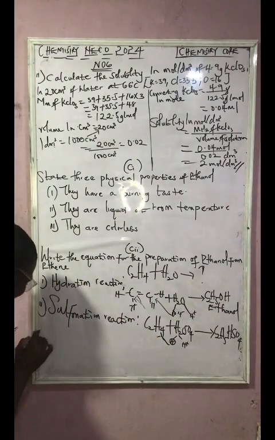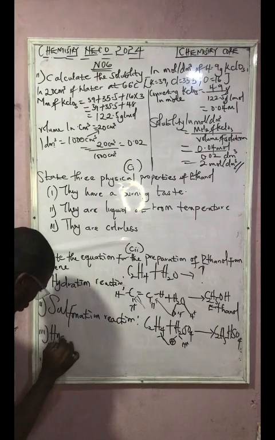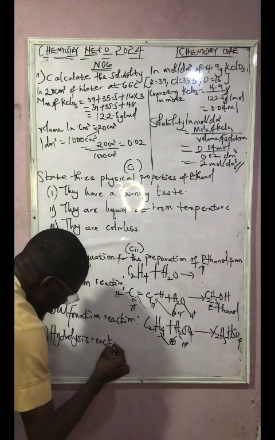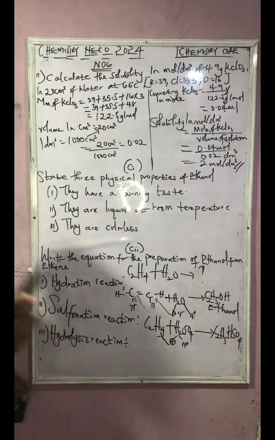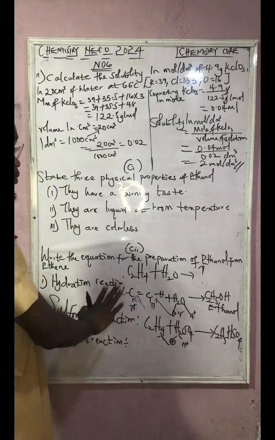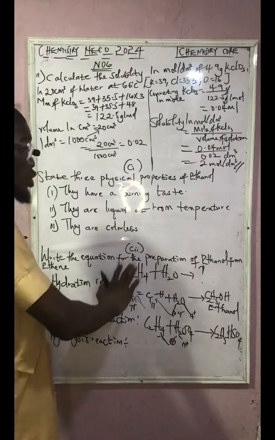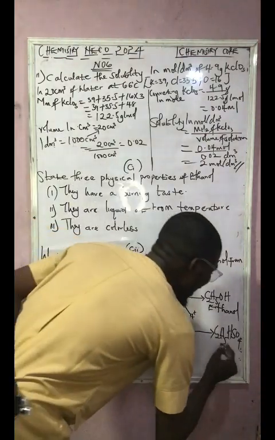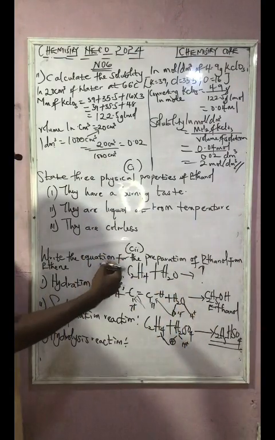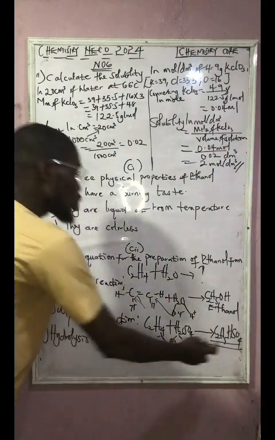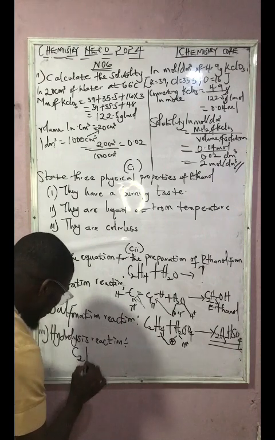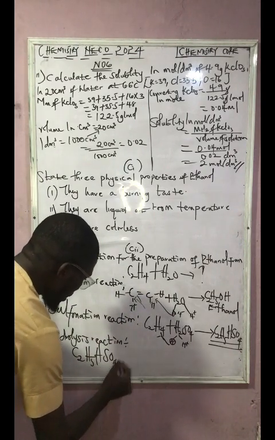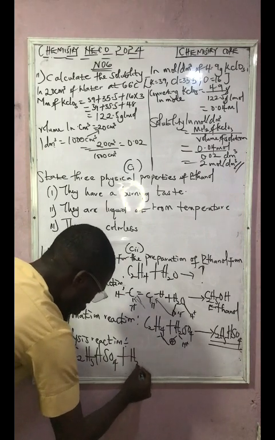The last one is hydrolysis reaction. So as an undergraduate, you need this particular video when it comes to preparation of ethanol. Is that clear now? So what do we have here as a product? You can take it to be your step 1, step 2, and step 3. So we have C2H5HSO4 plus H2O.